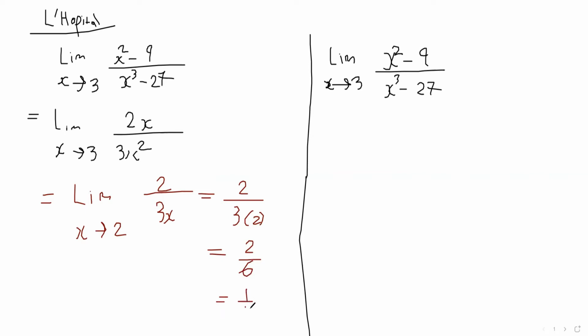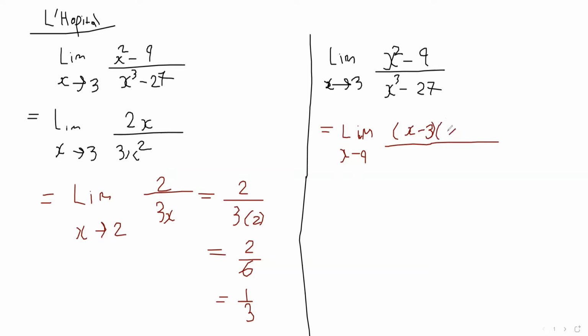Now, if you're doing it the other way, you're going to have to break this up as the limit as x approaches 3 of. You see 9 is really 3 squared, so we can use difference of two squares and write the numerator as x minus 3 times x plus 3.